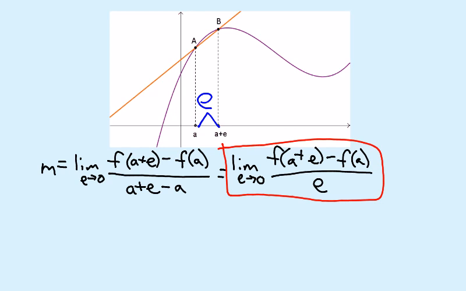Alright, so our example. f of x equals x squared plus 1. Sorry, I forgot what I was doing. So first I need to find my slope, which I bet you never found the slope of a parabola before. So I'm going to start with my delta x.